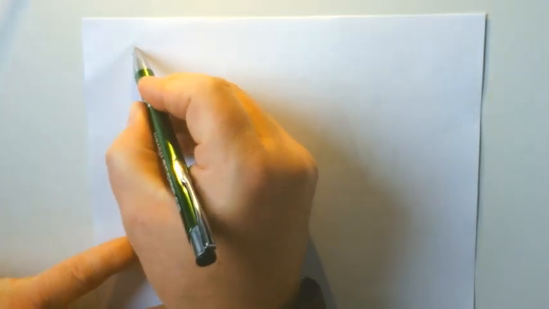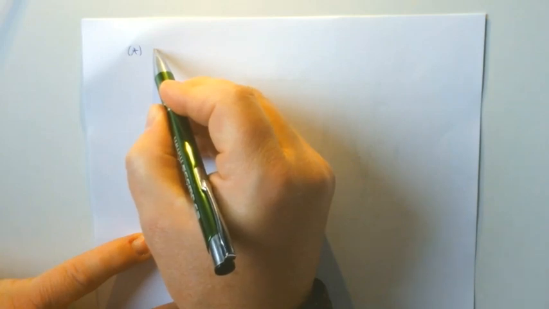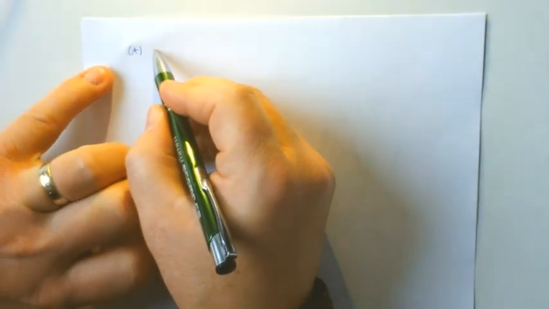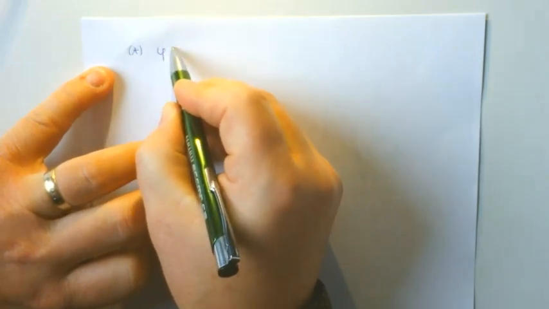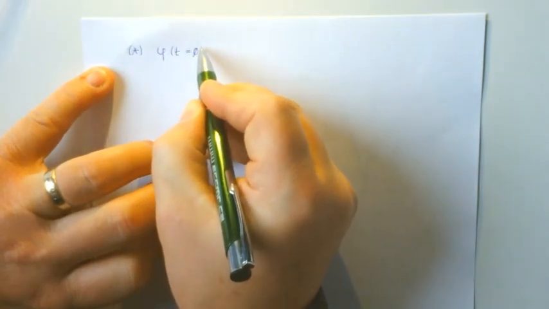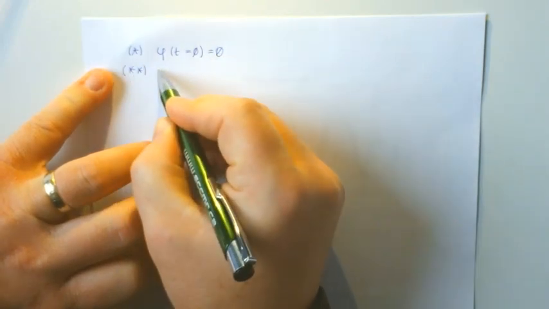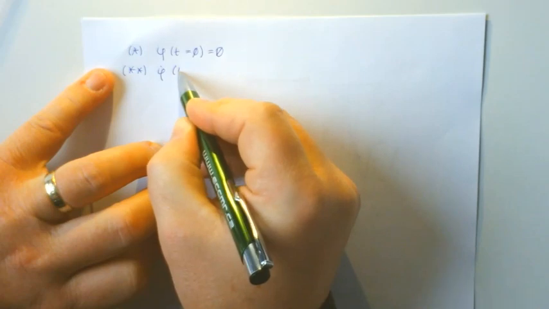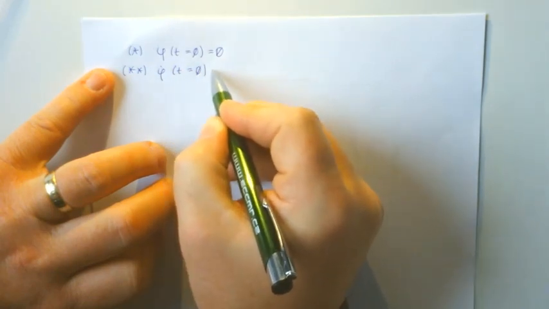For this, because we have first initial condition for phi. So first initial condition is that phi at time equals 0 is phi 0, and second initial condition, phi dot at time equal to 0, is 0.